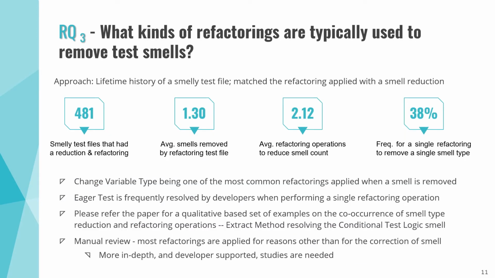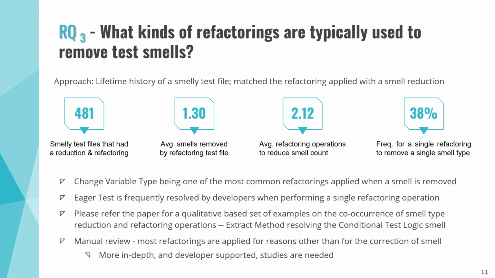The final RQ looked into the types of test smells that are eliminated when a refactoring is applied to a test file. To do this, we looked at the lifetime history of a smelly test file and captured instances where the smell reduced and a refactoring operation was applied.